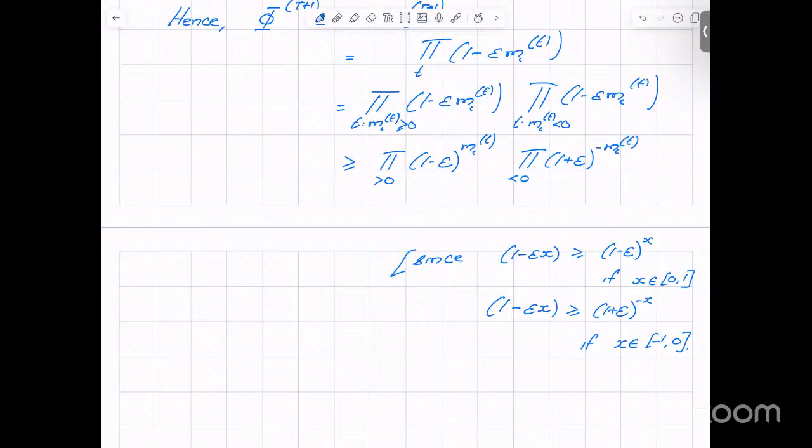We need to take the logarithm. You have to do a Taylor expansion with x as the variable, not epsilon. So you take 1 minus epsilon x and do a Taylor of it around the point 0. Think of it as e power x times ln of 1 minus epsilon.